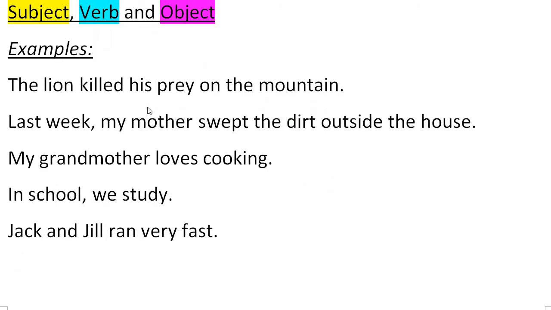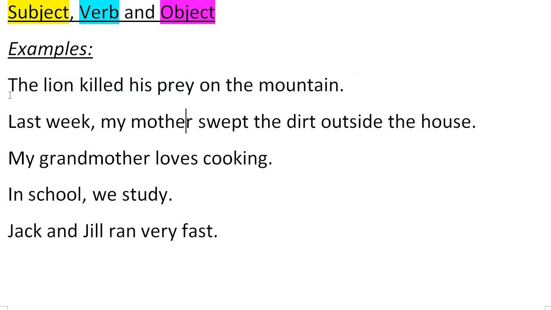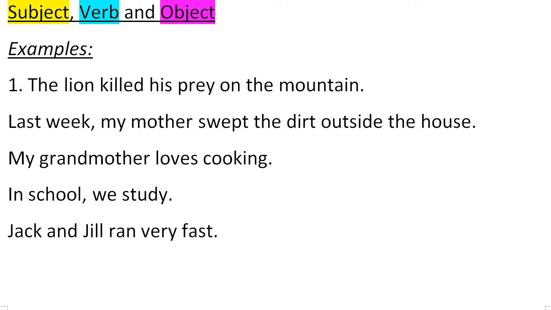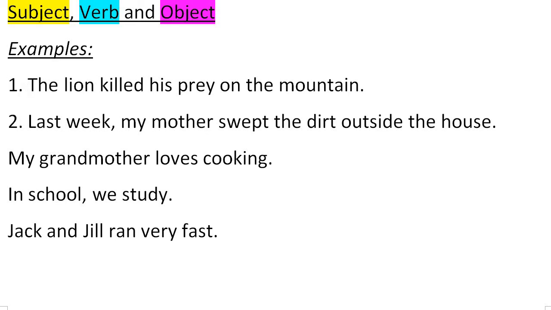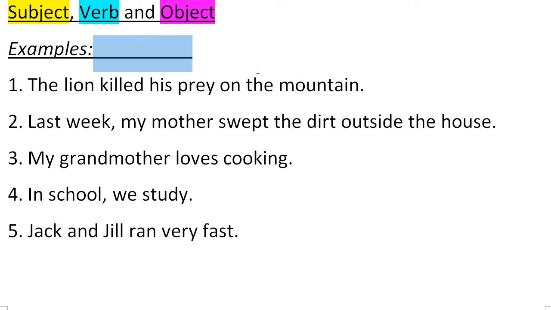So let's go through a few examples quickly. The lion killed his prey on the mountain. So the first thing we're going to do is, for each one of these, we will first look for the verb. Because if we cannot find the verb, then we can't find anything else by asking that who or what question. Right. So for the first one, what do you think the verb is?